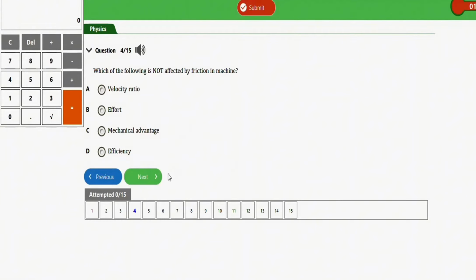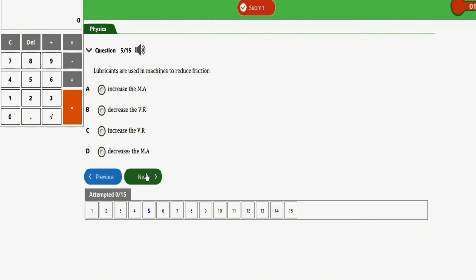The next repeated question says, lubricants are used in machines to reduce friction and, option A, increase the mechanical advantage, decrease the velocity ratio, increase the velocity ratio, decrease the mechanical advantage. The correct option is option A. Lubricants are used in machines to reduce friction and increase the mechanical advantage.